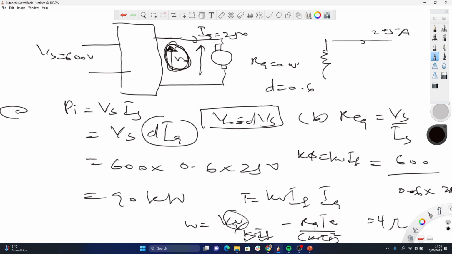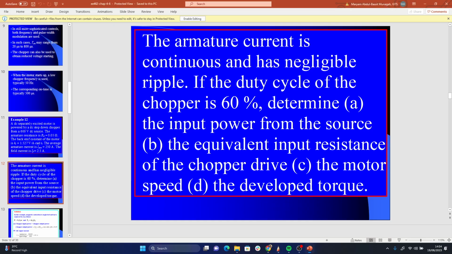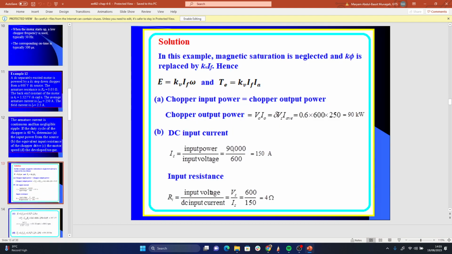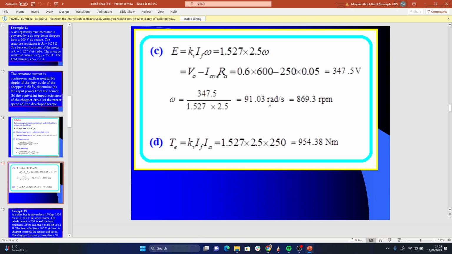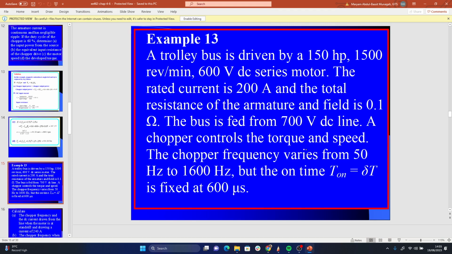I know KvIf, I know Ra. I found the torque. So I have everything to find my speed. So that's how you deal with this question. You find everything you need. That's it for that question.